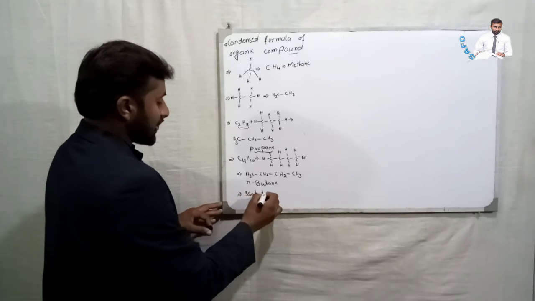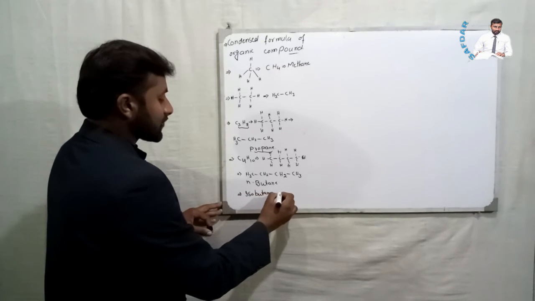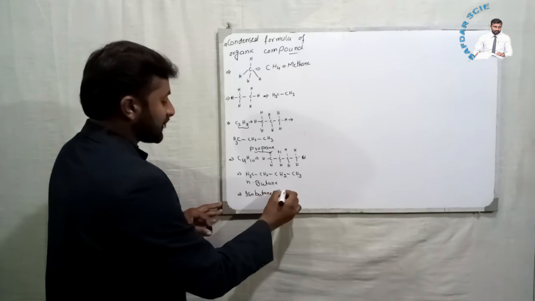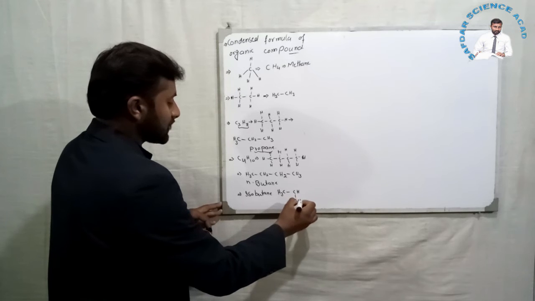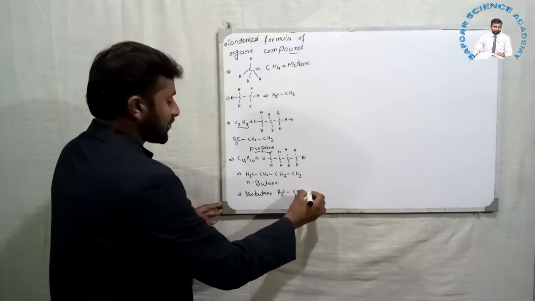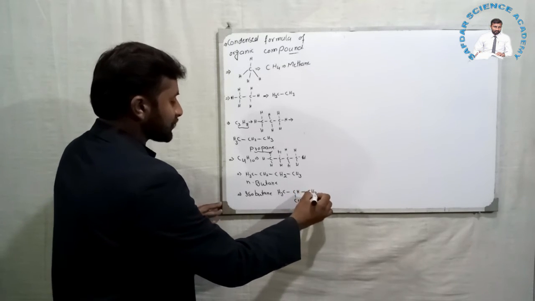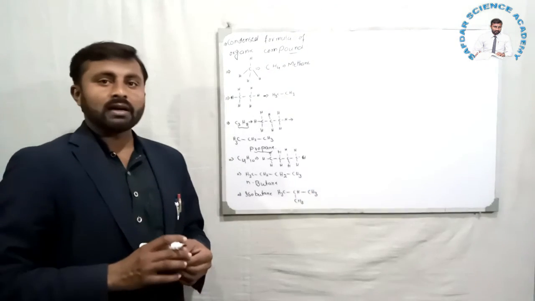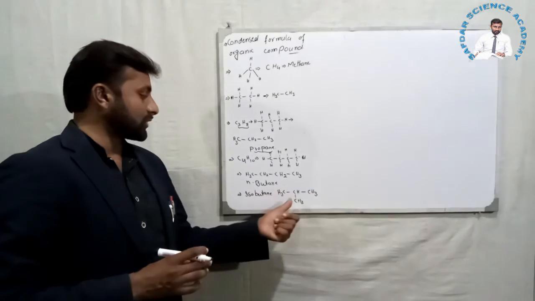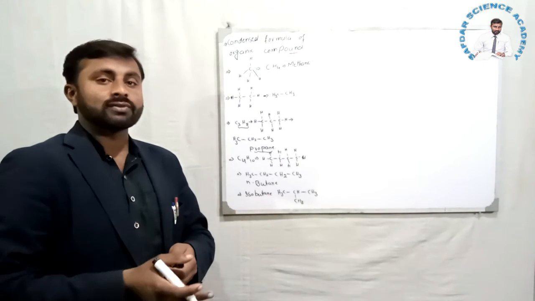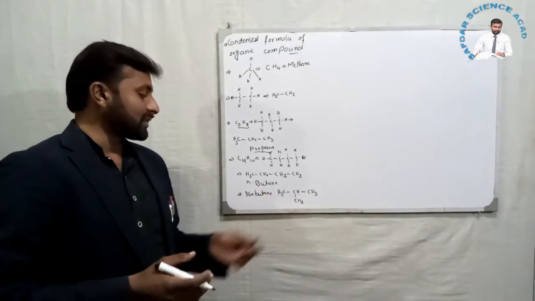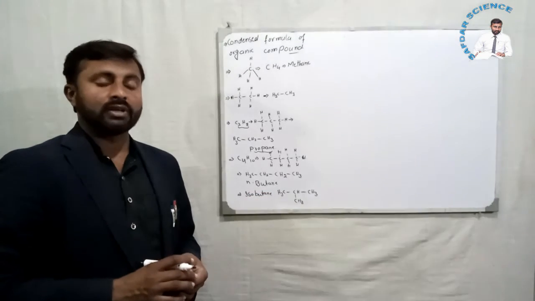Isobutane contains H3C single bond CH single bond CH3, with another CH3 attached to the CH, in which hydrogens are condensed to each other. We say simply, that is isobutane.